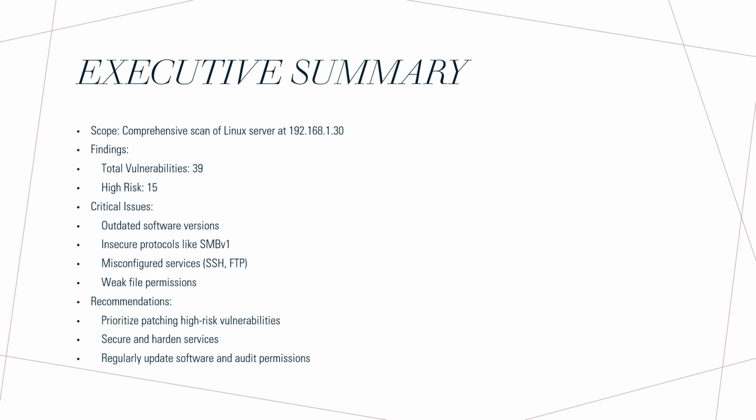These critical issues stem from outdated software, insecure protocols like SMBv1, misconfigured services such as SSH and FTP, and overly permissive file permissions. The recommendations include immediately patching high-risk vulnerabilities, hardening service configurations, and implementing ongoing updates and security audits to prevent future risks.